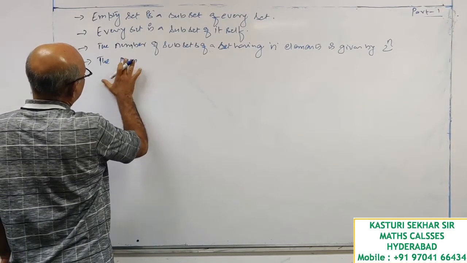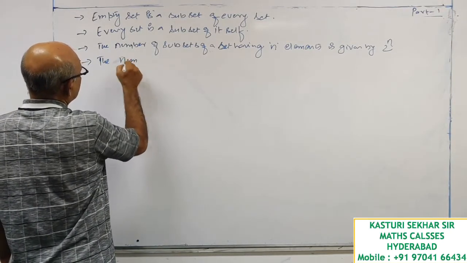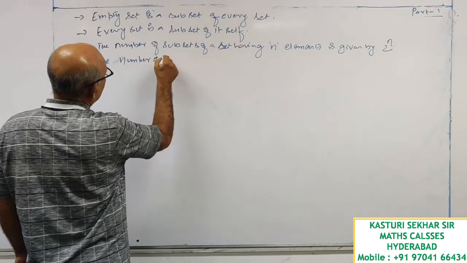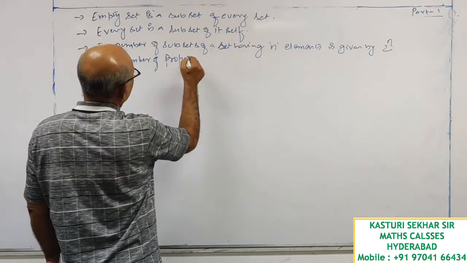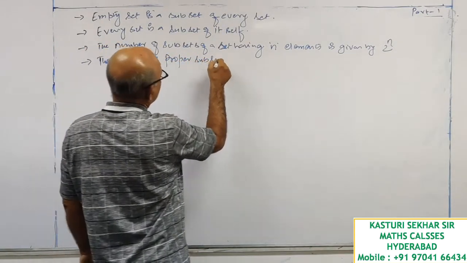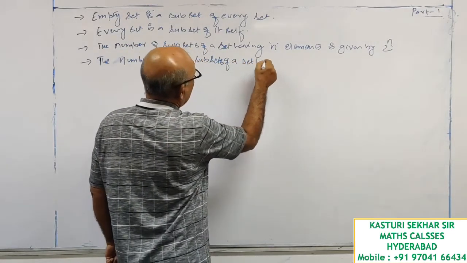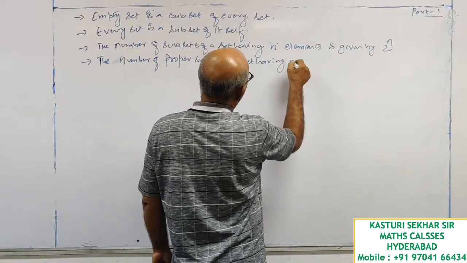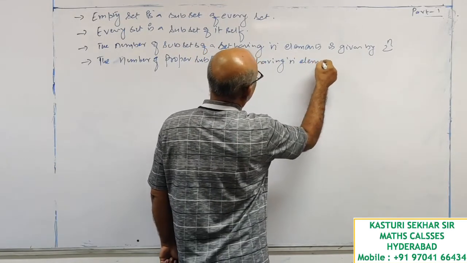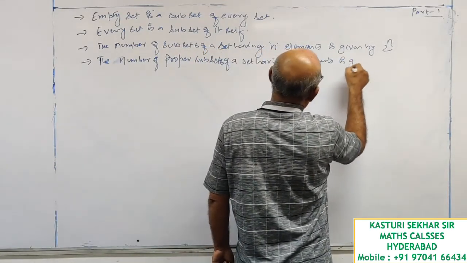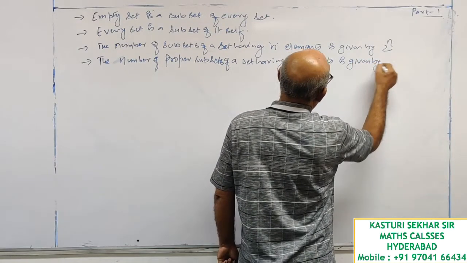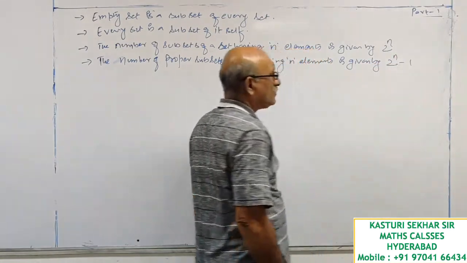Next, the number of proper subsets of a set having n elements is given by 2 power n minus 1.